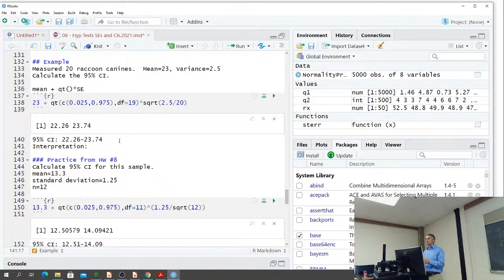If I say interpret this interval, how would you interpret it? The majority of the measurements were between 22.26 and 23.74. The majority of these measurements? 95%.